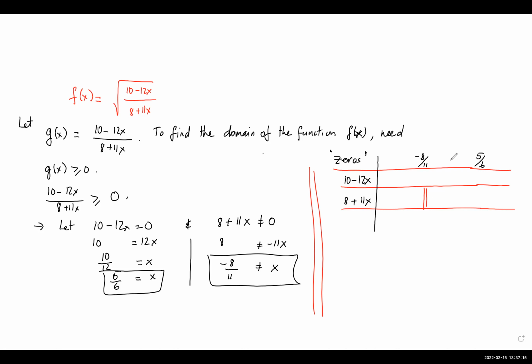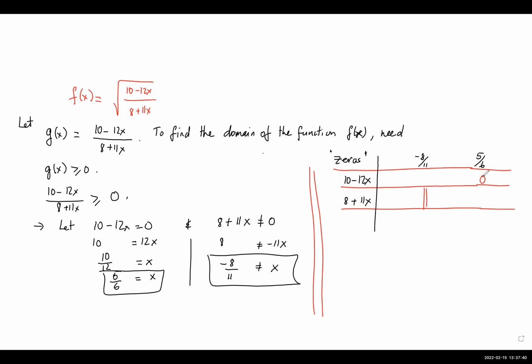And for the top one, we don't need to do anything at negative 8 over 11. However, positive 5/6 is a 0 for the top one. So we put 0 there to remind us it's a 0 of the top one. Now let's fill in the signs. Look at the first row, 10 minus 12x.